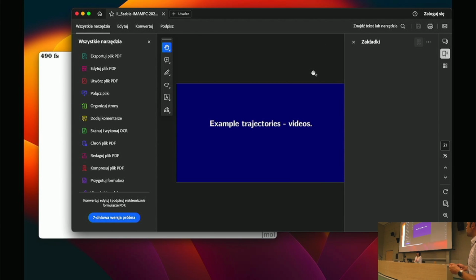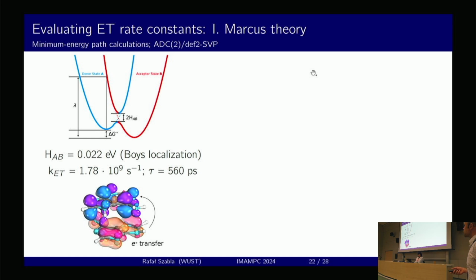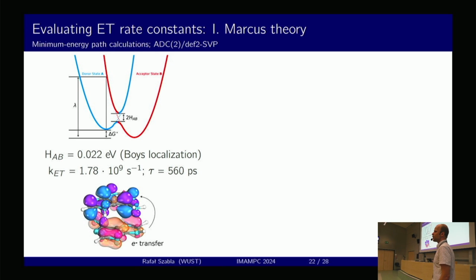So now, if you evaluate the electron transfer rate through the Marcus approach, you actually get a rate constant which is massively underestimated. If you want to extract the timescale of that process, that's 2 orders of magnitude too slow, right?